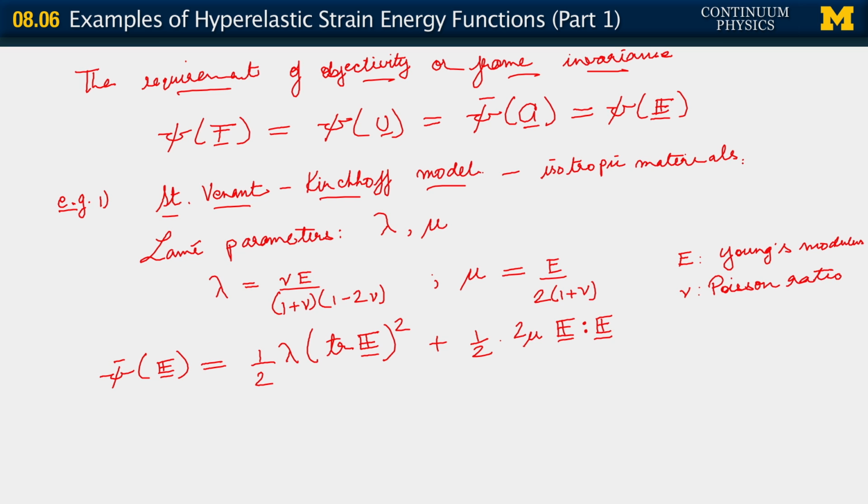I also will make the comment that if you look at this strain energy function as we've written here, and you compare it with the strain energy function for isotropic linear elasticity at small strains, you will find that the form is very similar. It's in fact pretty much the same form for isotropic materials, except that instead of the small strain tensor, we have the nonlinear strain here, E. Just a comment.